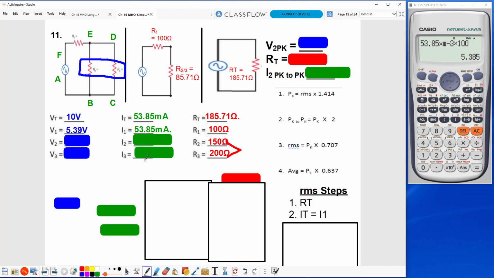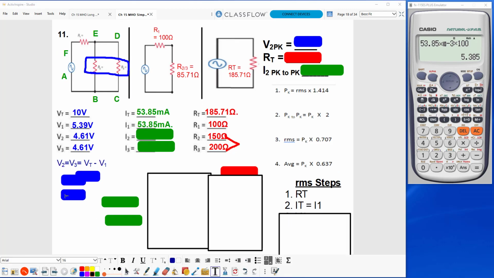So we subtract the 5.39 volts from the VT of 10 volts, and that gives us 4.61 volts for both R2 and R3, the V2 and V3 values. And that's where this equation comes in: V2 is equal to V3, and they will equal VT minus V1.